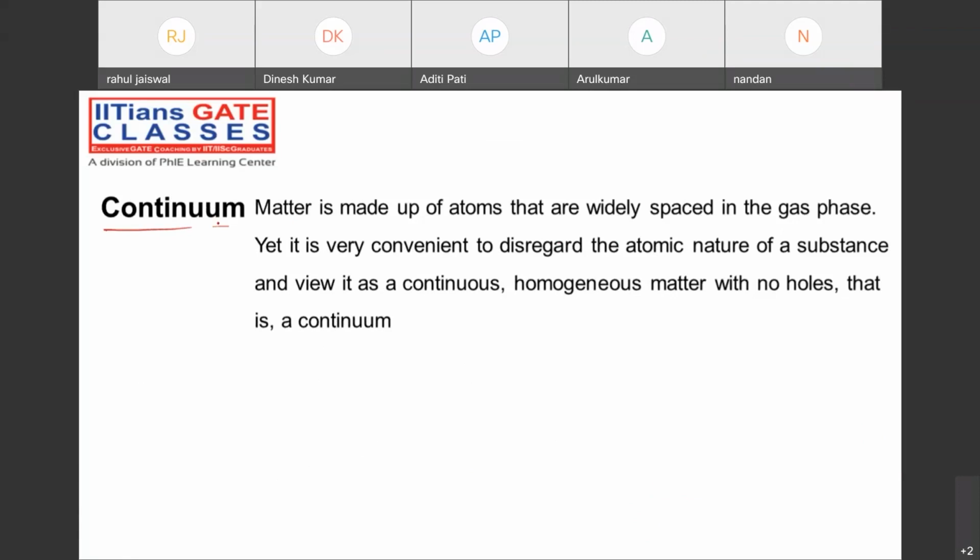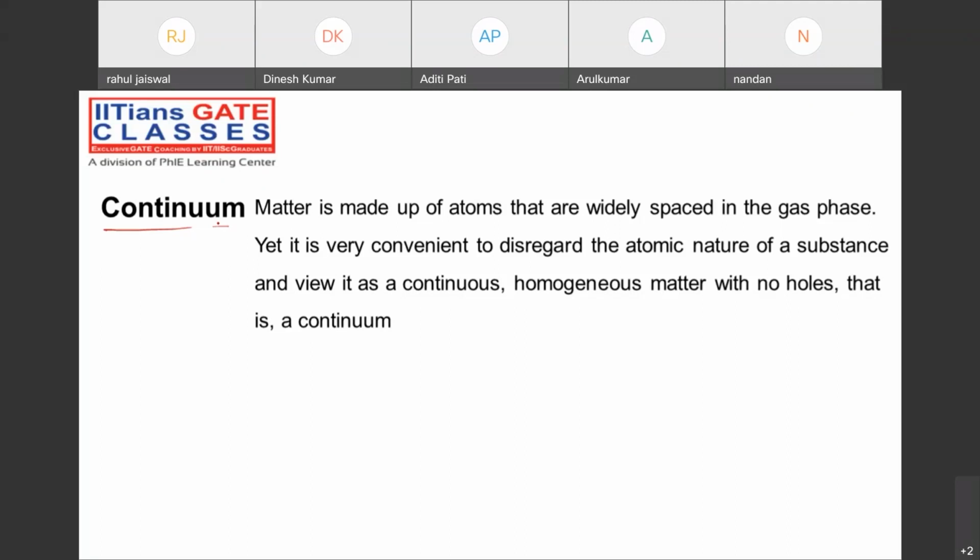Maybe you are very well aware of this particular fact, but after today's discussion, you will be surprised to see many things about the concept of continuum. As of now, if I ask you in one word, anybody know about this thing? Treating the matter as continuous, right? Treating the mass distribution in a continuous fashion, right?